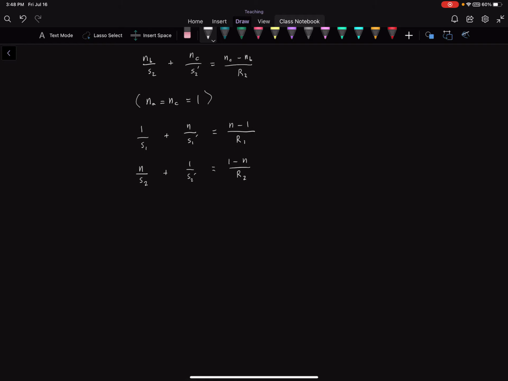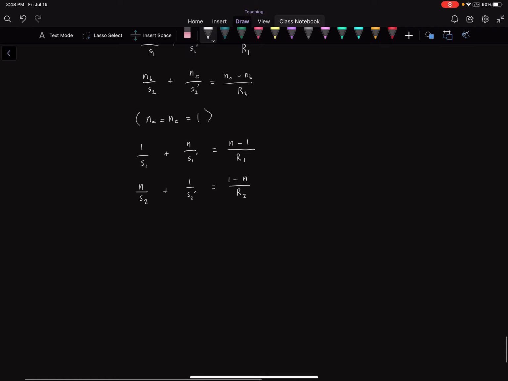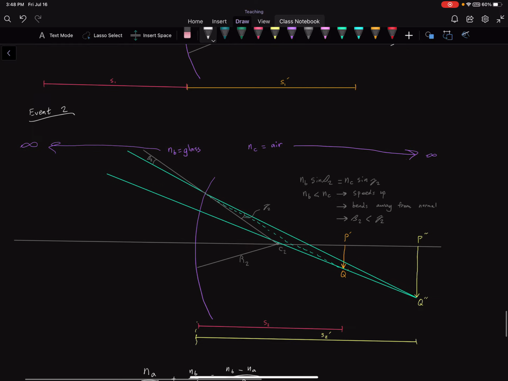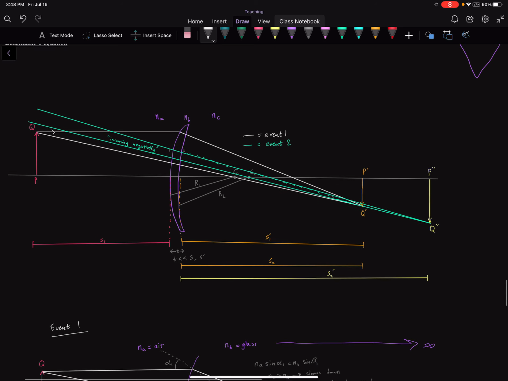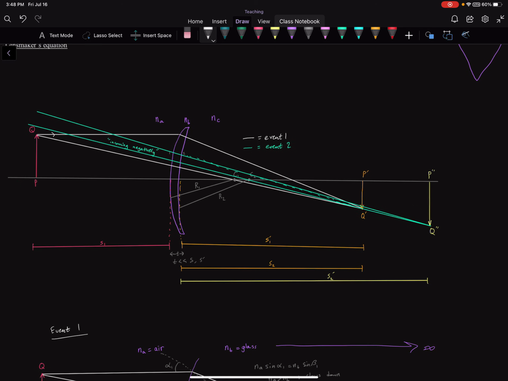Okay. Given that our sign rule tells us that S2 is equal to negative S1 prime, right? Let's think that through. Let's use this one since I think we can understand both events going on now. S1 prime is the image distance, and that is the one that's positive because the image is on the same side as the outgoing rays.